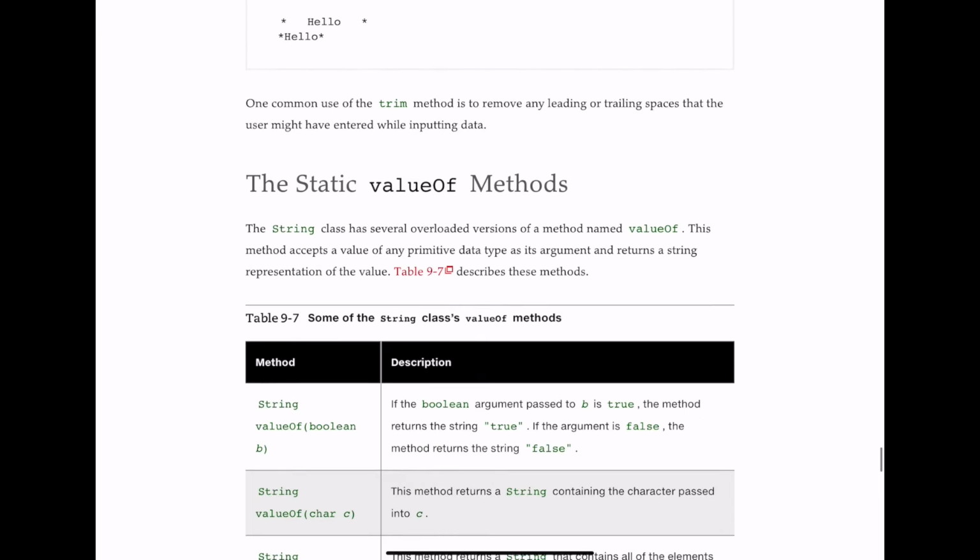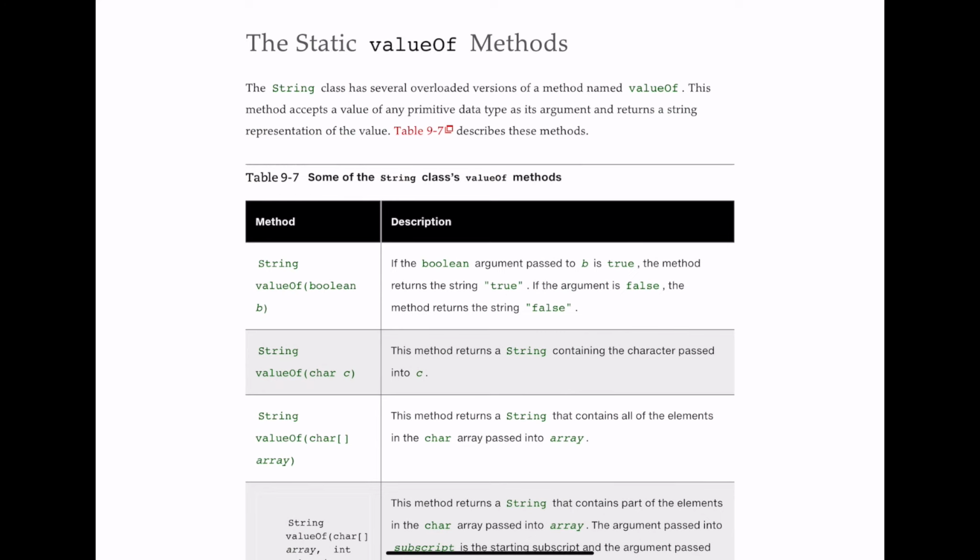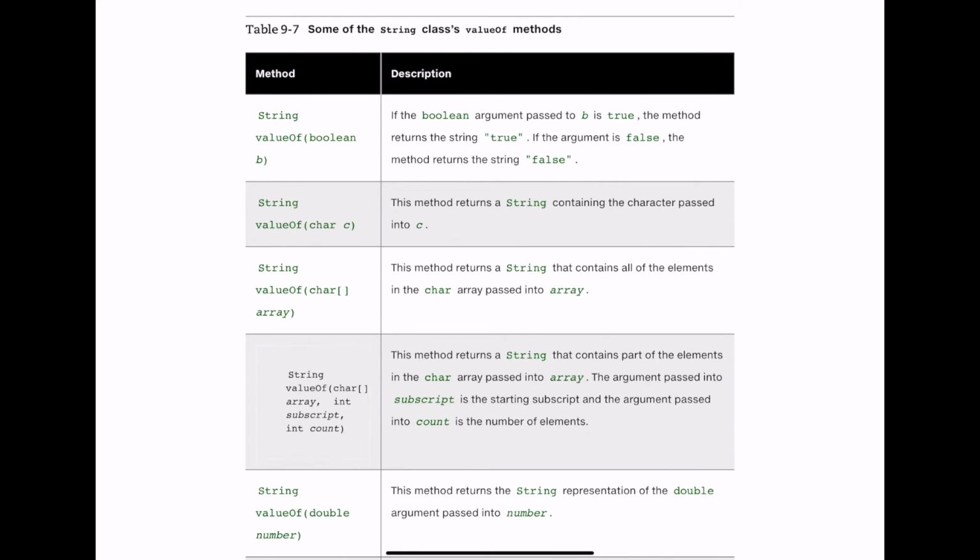The very last things here, value of, here we go. We have been using value of in one form or another with primitive data types all this while, right? Where we're looking to receive an input from the user, we would have next double, next int, and so on and so forth.